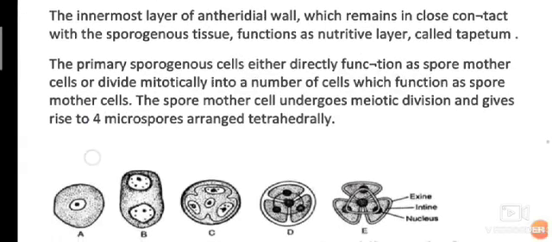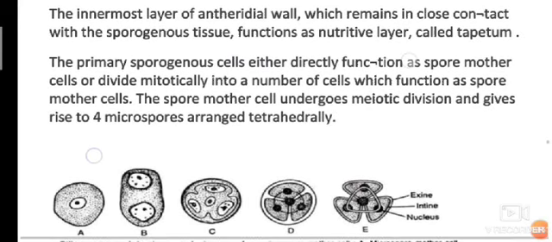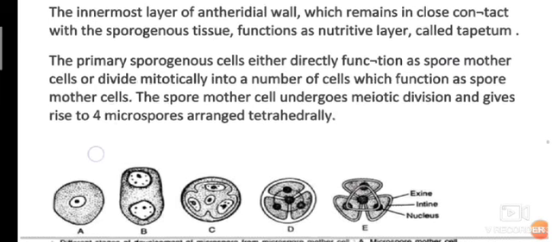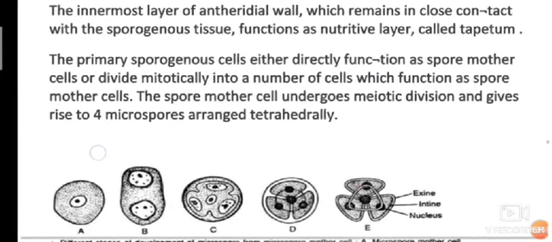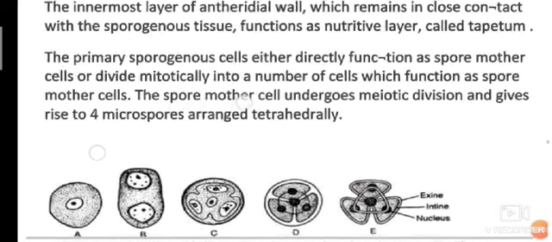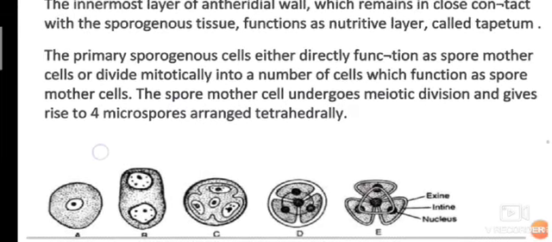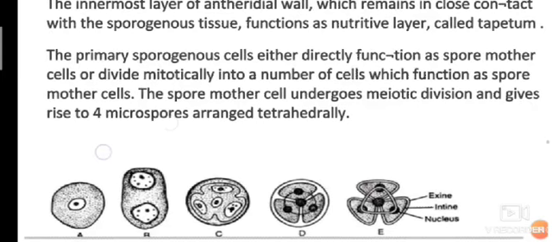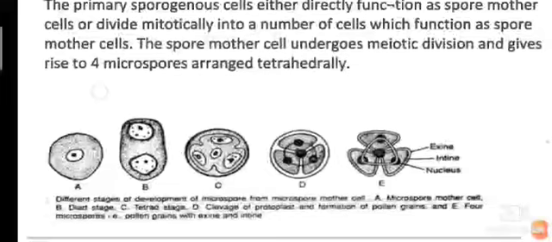The primary sporogenous cells either directly function as spore mother cells or divide mitotically into a number of cells which function as spore mother cells. The spore mother cell undergoes meiotic division and gives rise to 4 microspores arranged tetrahedrally.